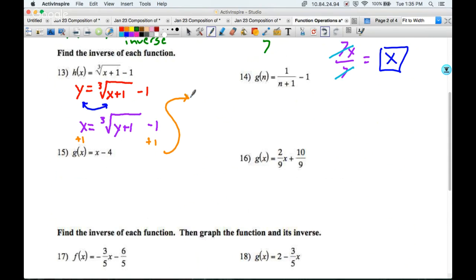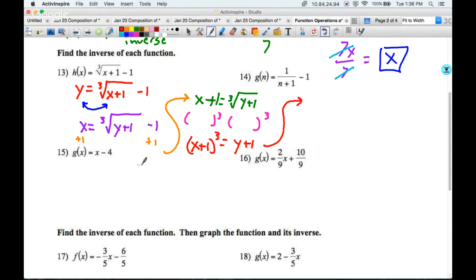We get x plus 1 equals the cubed root of y plus 1. Let's cube both sides. And we're going to get x plus 1 cubed equals y plus 1.